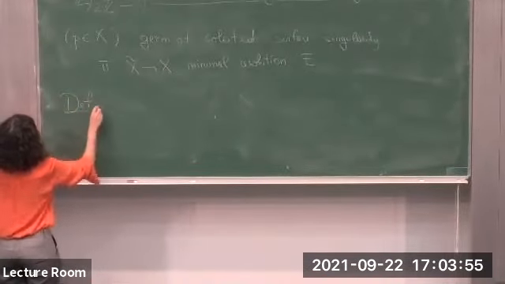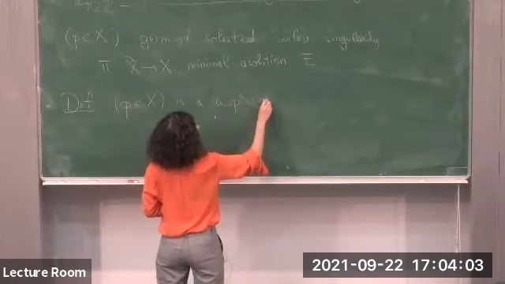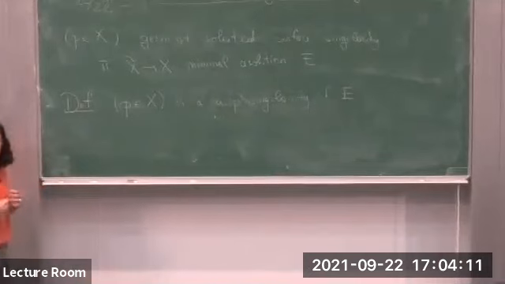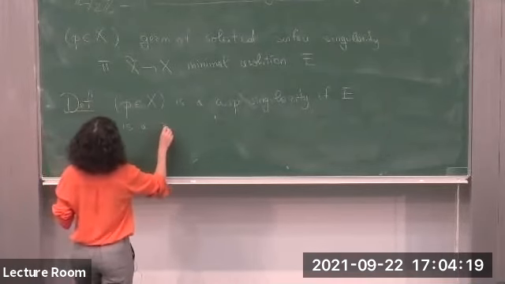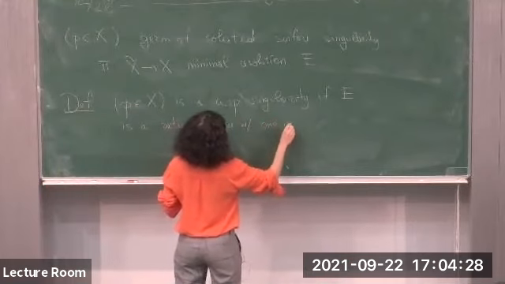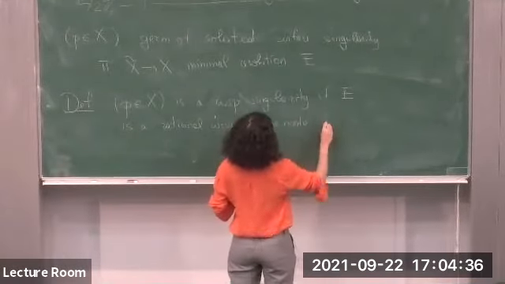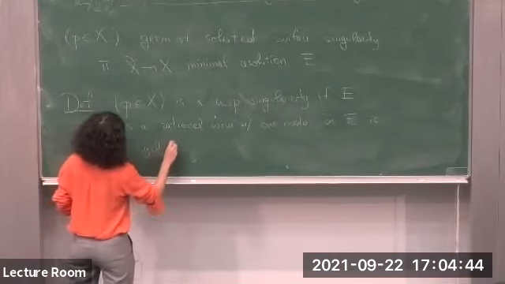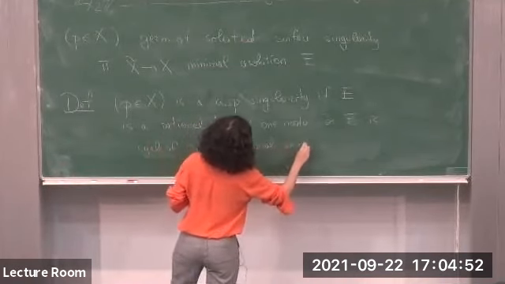Definition: P in X is a cusp singularity if E is either one irreducible nodal curve, a rational curve with one node, or E is a cycle of smooth rational curves meeting transversely.